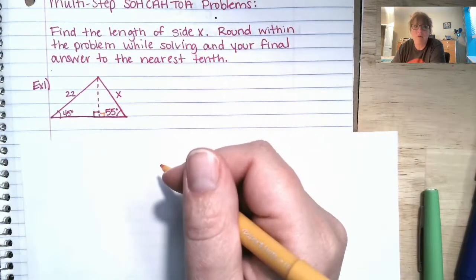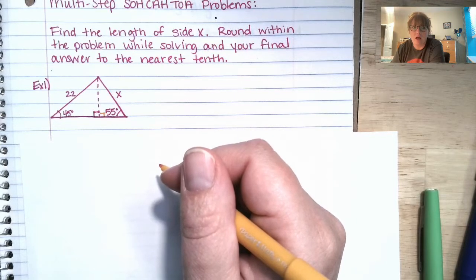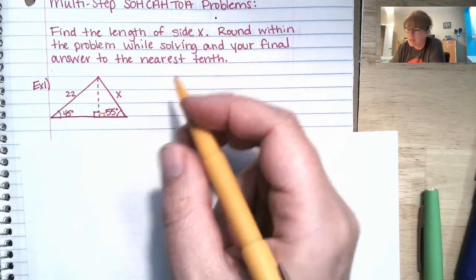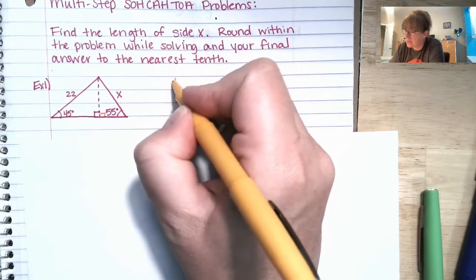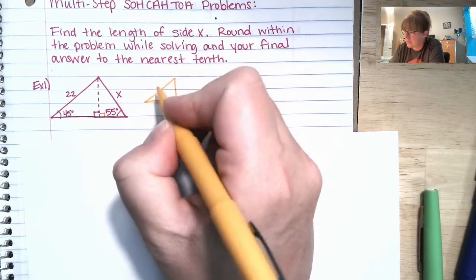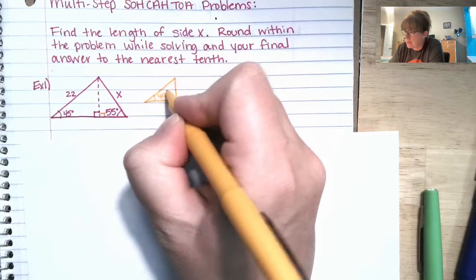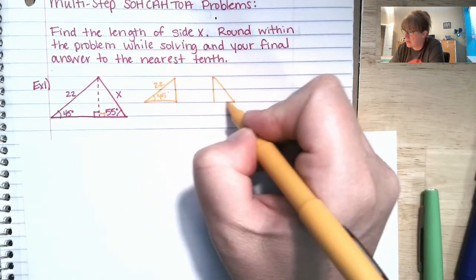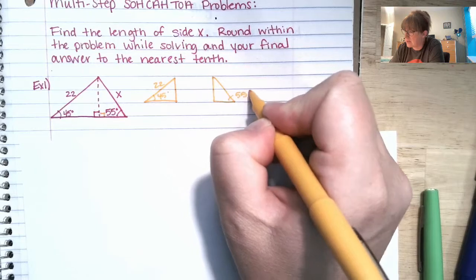So let's pull out what we know. It looks like we don't know much. If we pull out these two triangles here, we have 45 and 22, and then this one with 55 and x.